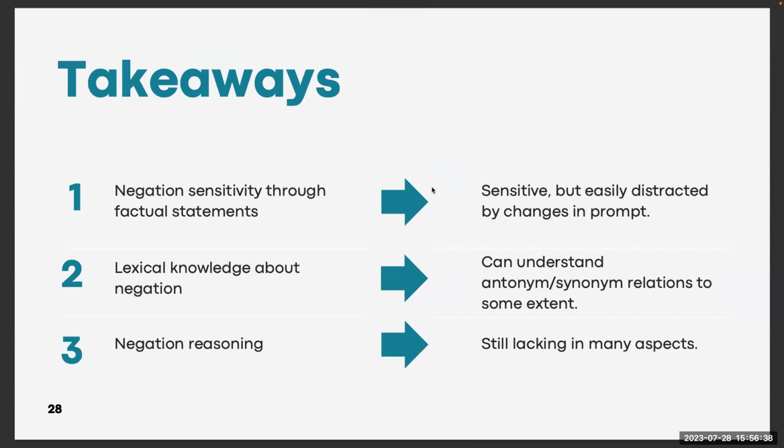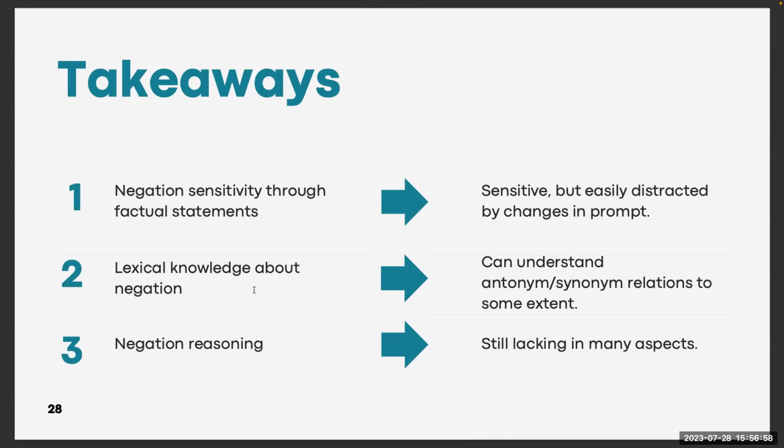So the takeaway of this work is that I measure the performance of large language models on different aspects of negation. For negation sensitivity, we can conclude that they are sensitive to negation, but are also very easily distracted by changes in prompt.